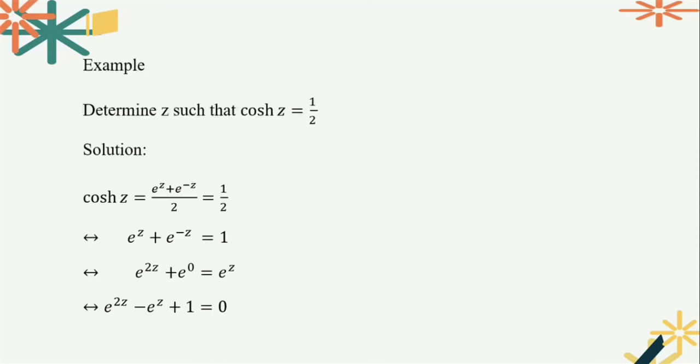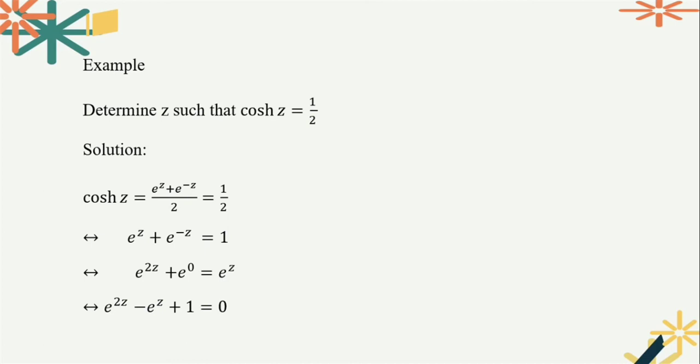And in here, we have an example. Determine z such that cosh z is equal to one half. For the solution, before we have known that cosh z is equal to exp z plus exp negative z over 2.